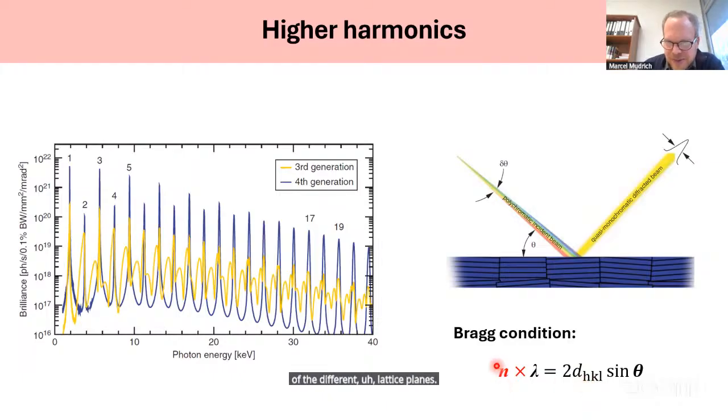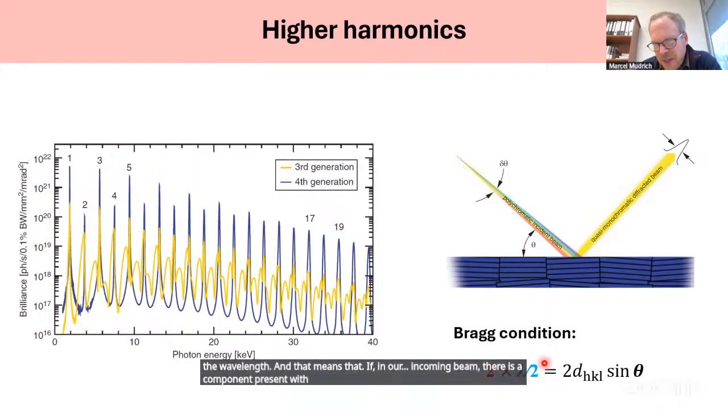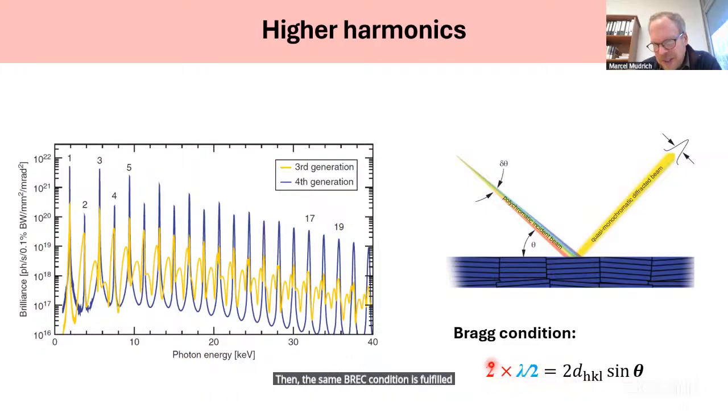So it's integer multiples of the wavelength. And that means that if in our incoming beam there is a component present with half the wavelength, then the same Bragg condition is fulfilled for the second diffraction order for half the wavelength, right?